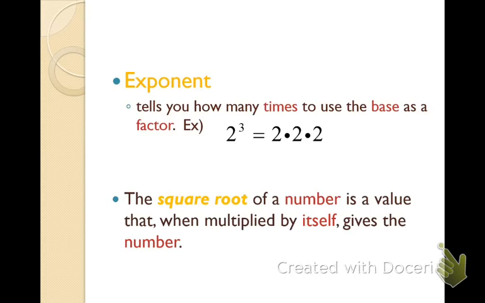If you want to factor a number, then you're breaking it down into two or more numbers. If you multiply them together, it gives you that number. So an exponent tells you how many times to use the base as a factor. And I'm going to add a little bit of vocabulary for you here, just because, again, never quite sure. This is your exponent, right?